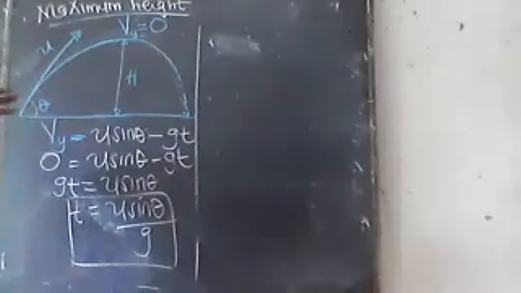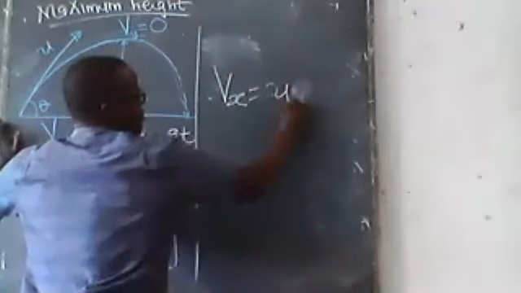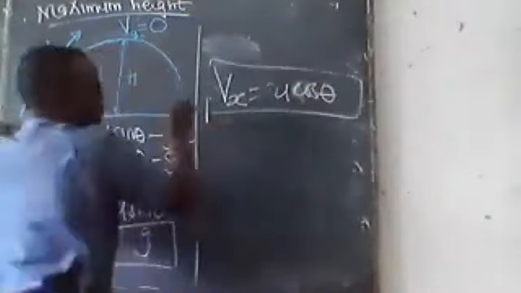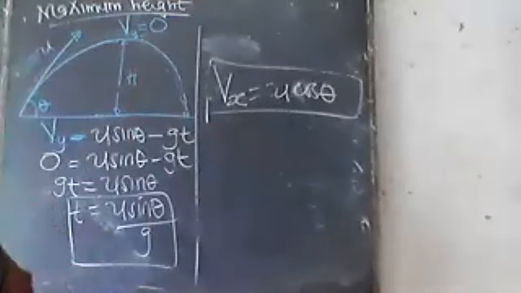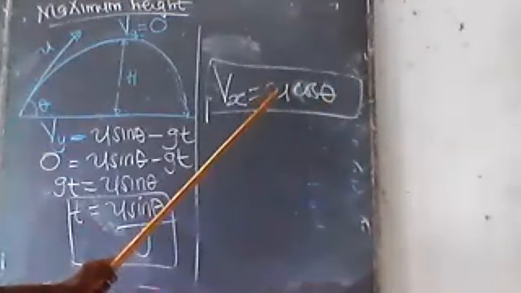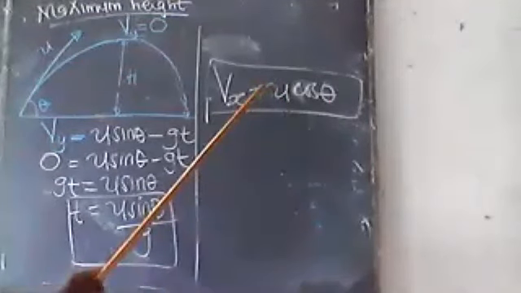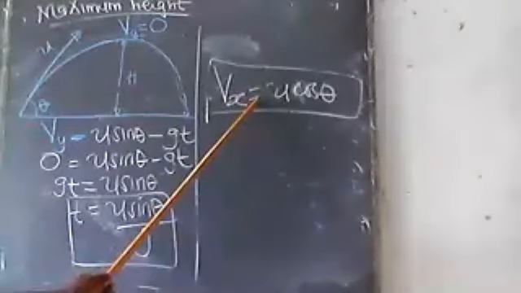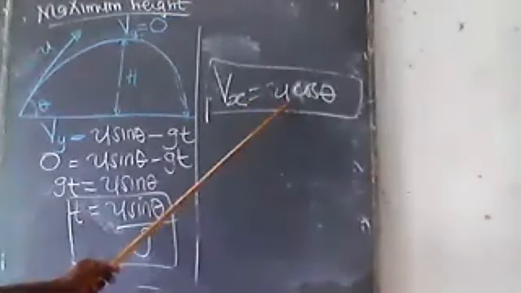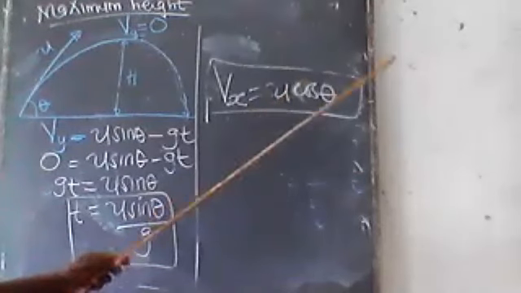Horizontally, we say that Vx is u. This was the equation for the horizontal component. So if you are looking for time, is there a time in this equation? No. I don't know whether I have answered her. Yes, you have answered.